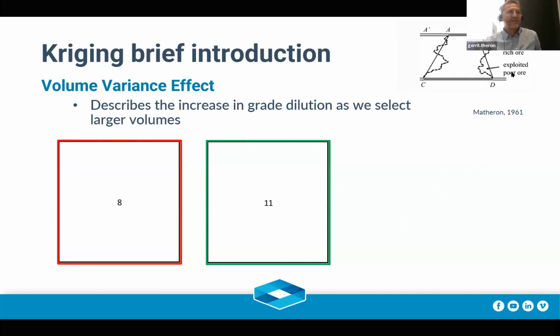So we are going to get some low grade ore in our panel, and we are also going to exclude some high grade ore because of that boundary. So that's basically what it boils down to.